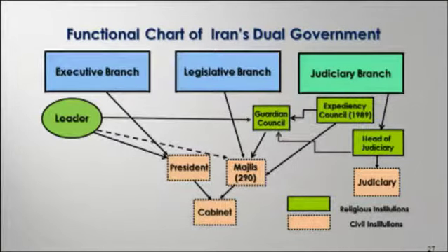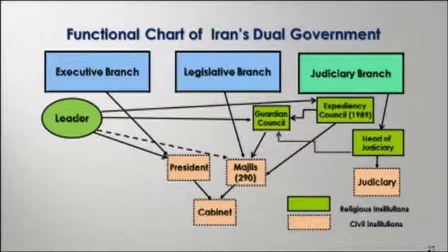The other thing is that the leader appoints the members of the very powerful Expediency Council as well. And we already talked about the head of the judiciary being appointed by the leader, and this proves to be a very important power because of the judiciary's control of nomination for 6 of the lay jurists in the Guardian Council. However, as I mentioned, the Majlis still has to approve it.